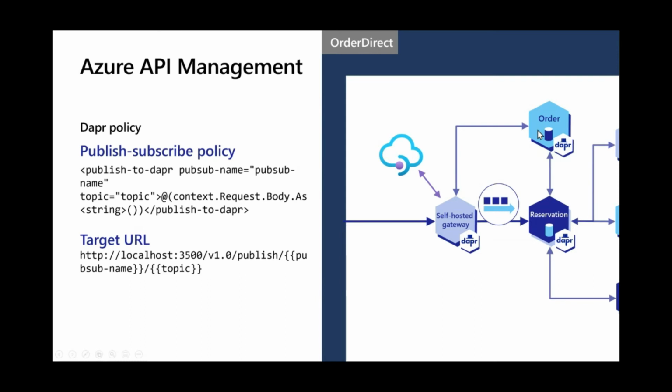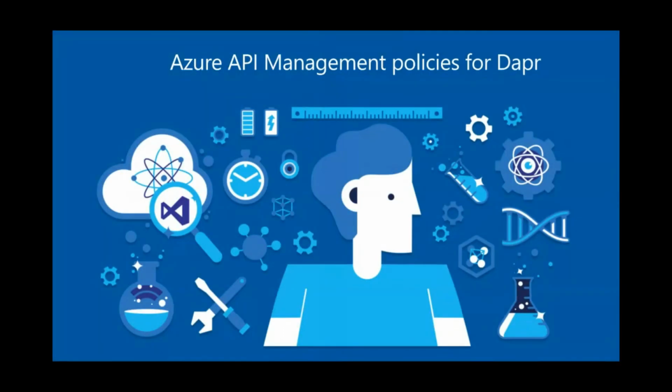It's a stretch, but it served the purpose of showing you the 2 different use cases. And this will enable me to create an API that looks like a synchronous API from the outside, but instead it uses the publish and subscribe building block of Dapr in the backend.